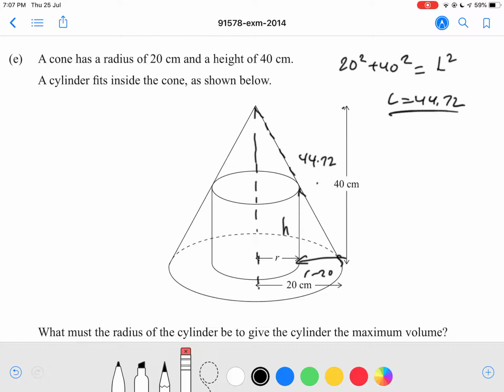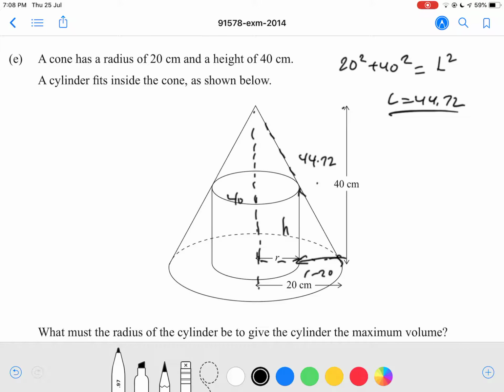Now we need one more piece of information to find the relationship, because right now there's not enough information in our right angle triangle. Notice that we also have a triangle from here to here.